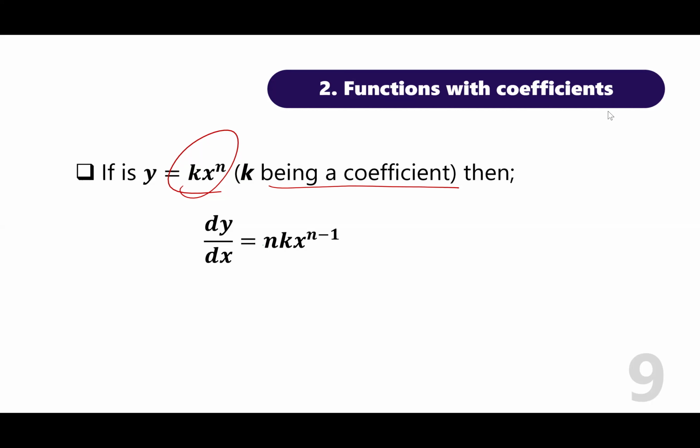Let's write this in our books. Functions with coefficients. Y is equal to kx to power n, k being a coefficient, dy dx would be nk x to the n minus 1.